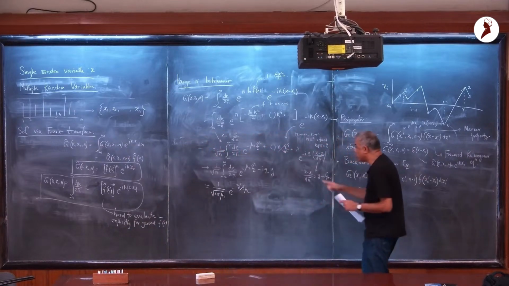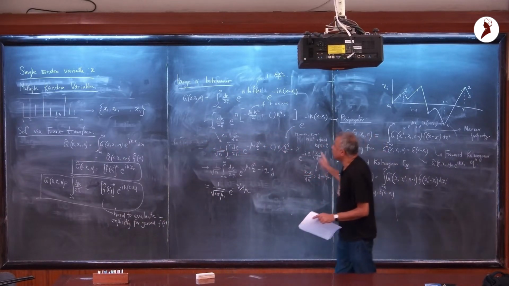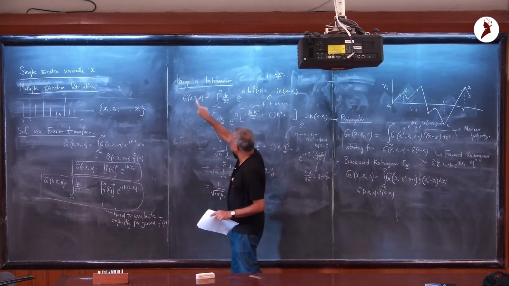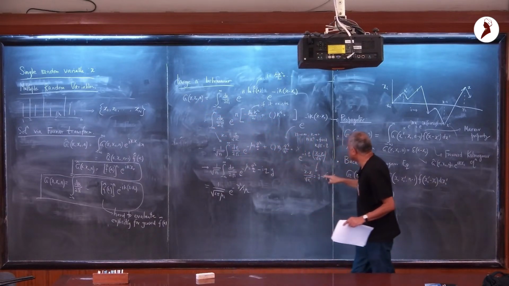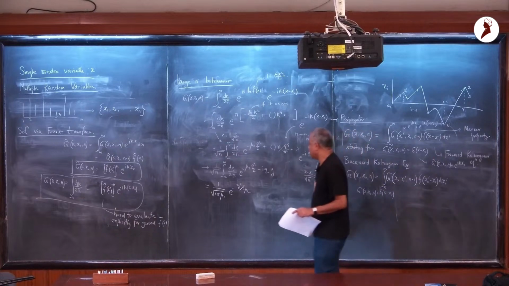So as long as mu 2 is finite, this Green's function in the large n limit, with this ratio fixed, is what we look at.